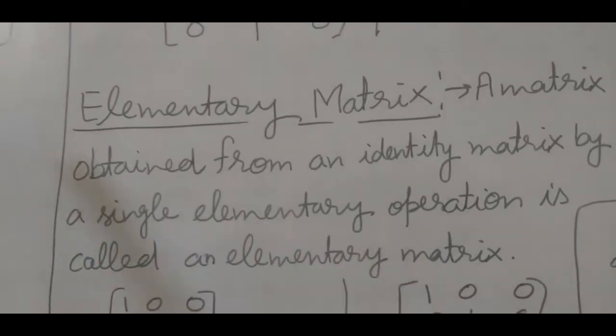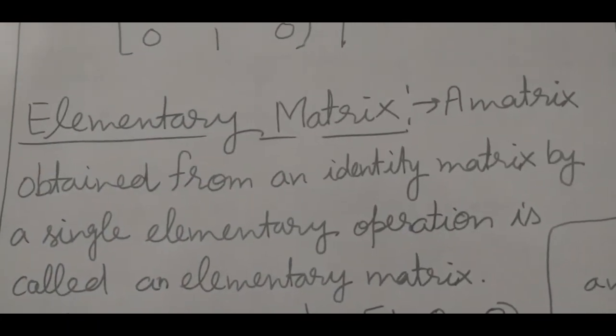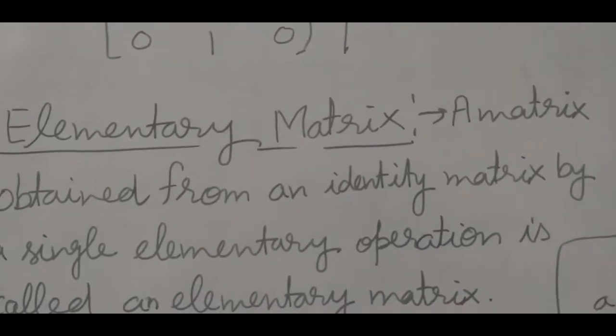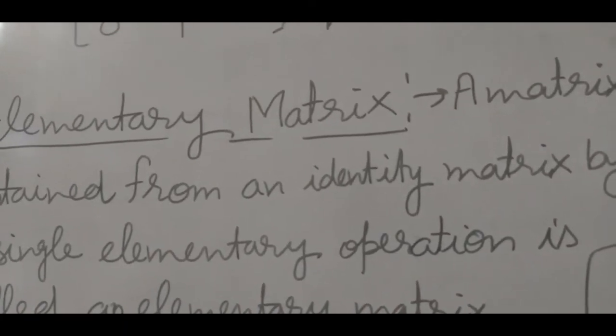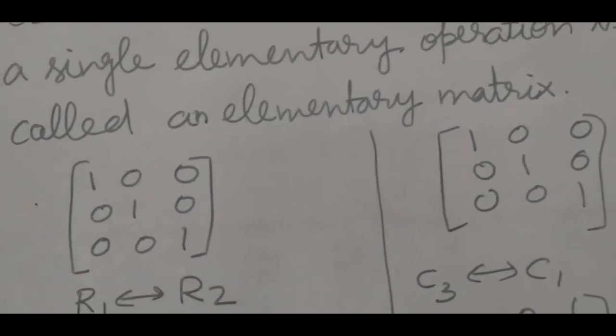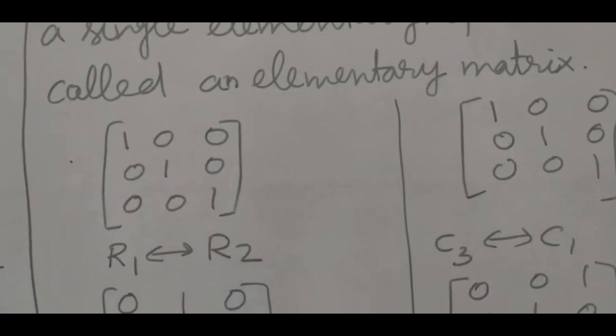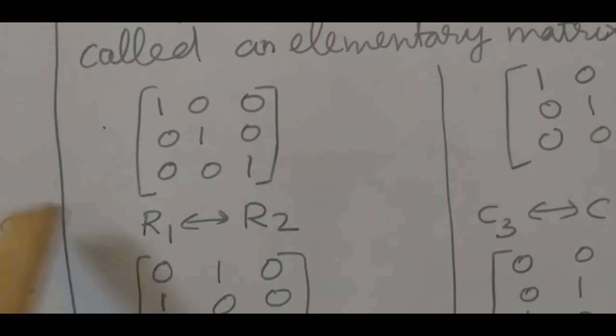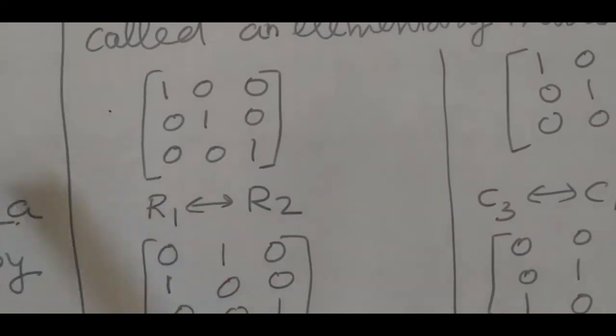Okay. After this operation, students, the matrix obtained is called elementary matrix. So students, this is the identity matrix, its order is 3 by 3. So I am going to use the first operation, interchanging operation.